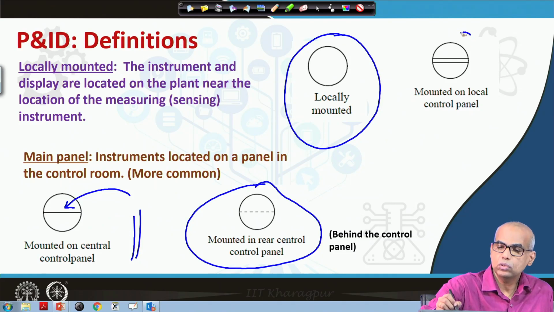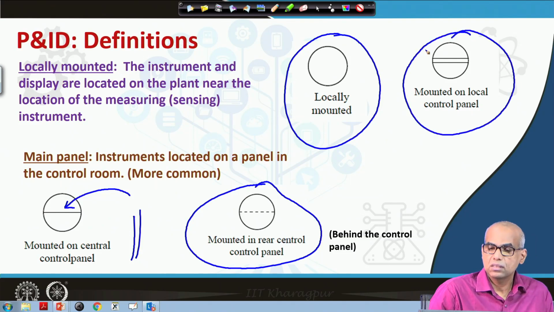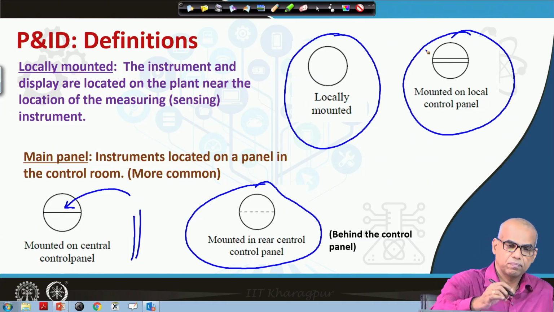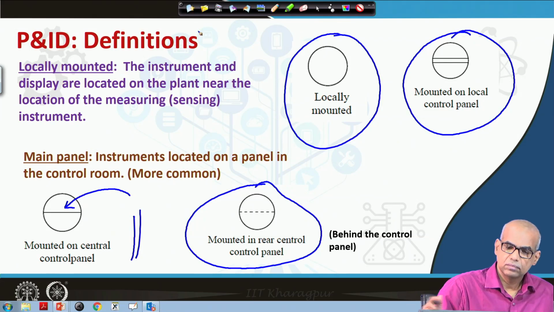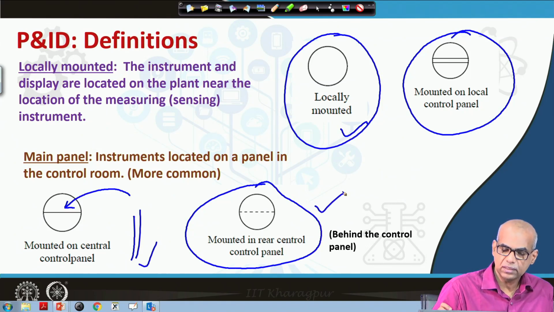If there are two horizontal lines, it means it is mounted on the local control panel. So, this is an alternate position or place which is accessible by the operator. So, locally mounted, mounted on central control panel and mounted in rear control panel.